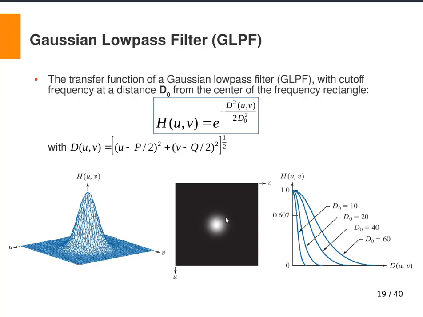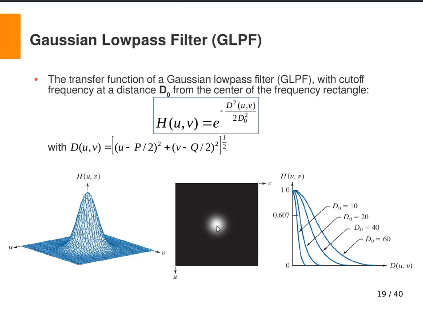So if we show the representation of this Gaussian low pass filter, the perspective looks something like this. As you can see, the transition from zero frequencies to higher frequencies is much smoother. If we show it from a top view, this is what we get.